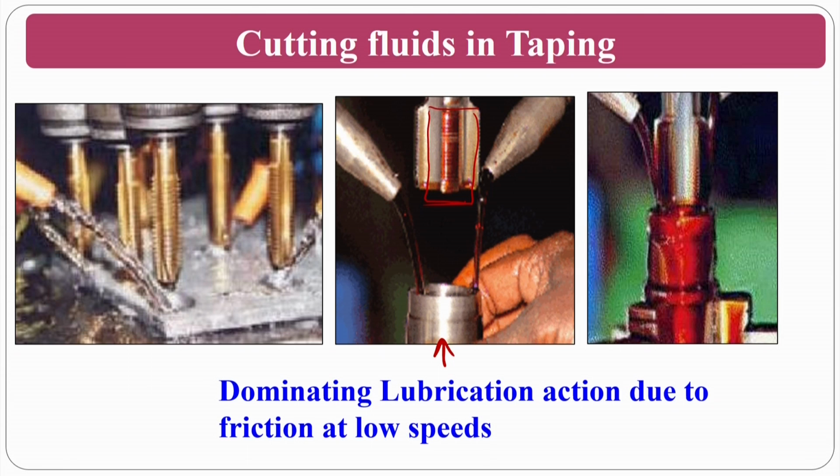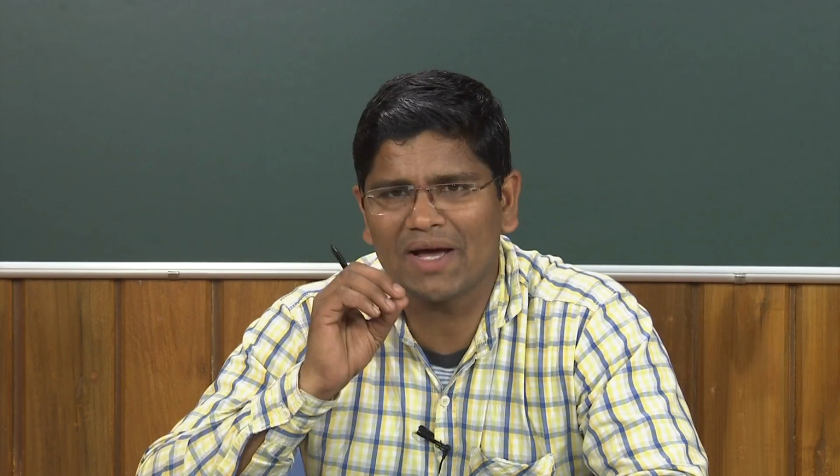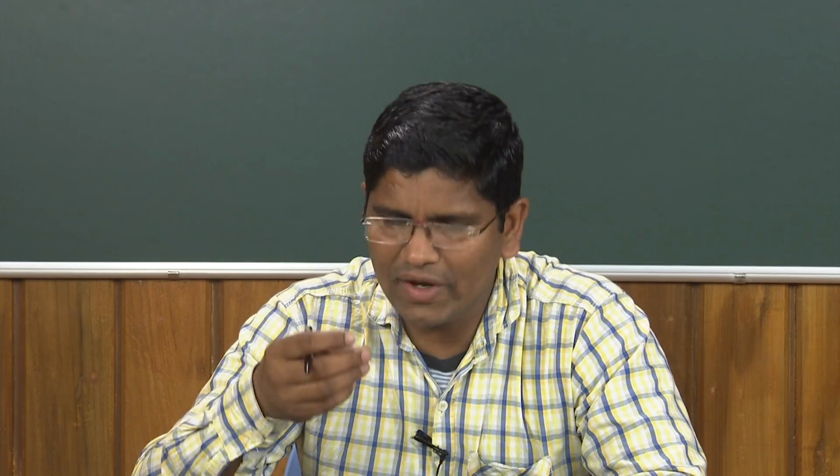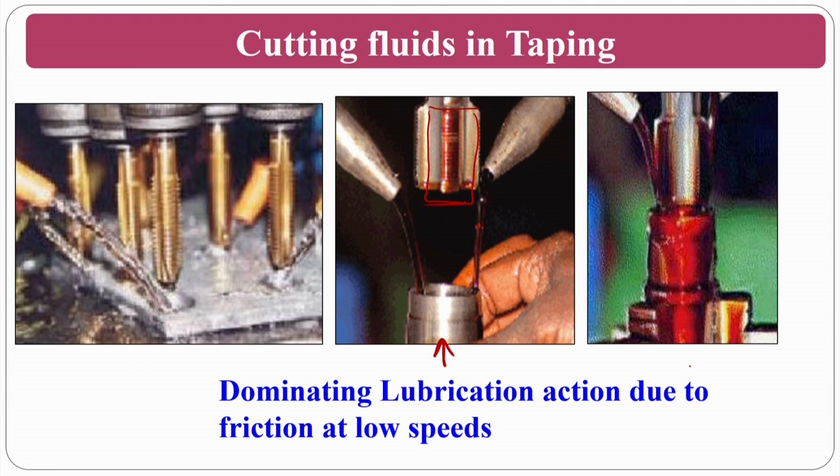Most of the time it is suggested to go for lubricant-dominating fluids, because the friction will be so high because of the low cutting speeds. So to counter it, obviously as a machining and manufacturing person, you can always prefer lubricant-dominating pure mineral oils rather than mixing with water.